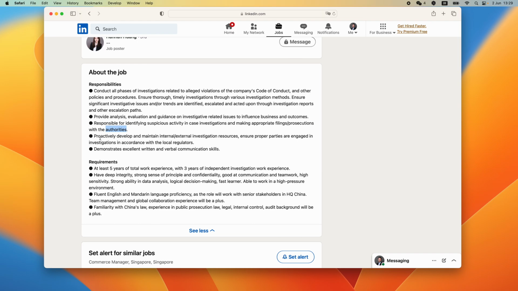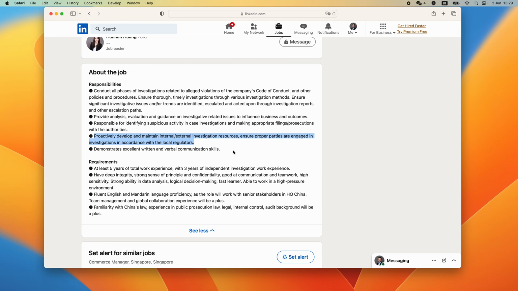Okay, let's see the next sentence. Proactively develop and maintain internal and external investigation resource. Ensure proper parties are engaged in investigation in accordance with the local regulators.